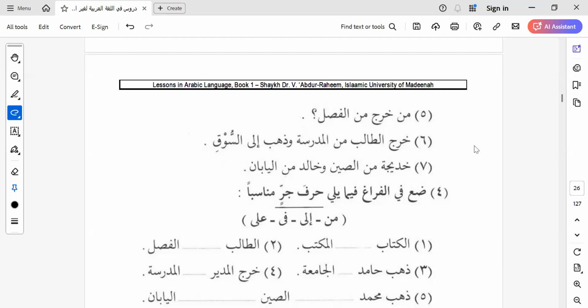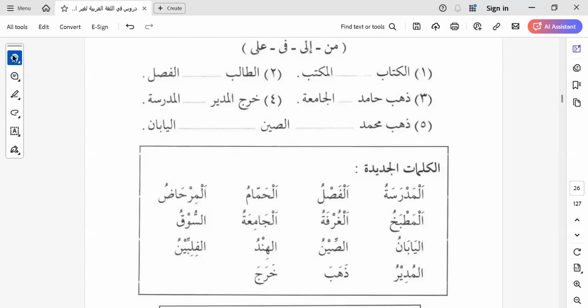Let's move on. ذهب أحمد إلى الجامعة. خرج المدير من المدرسة. ذهب محمد إلى الصين. ذهب محمد إلى الصين, right?